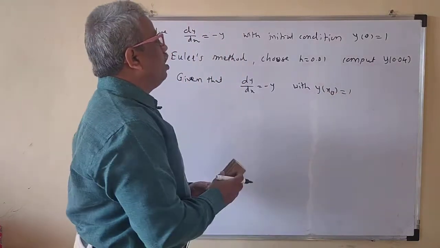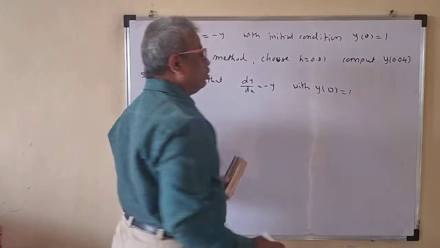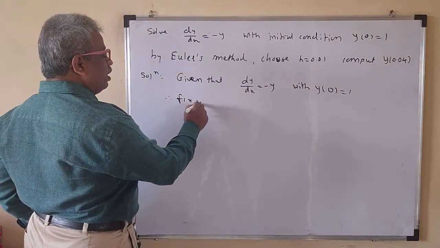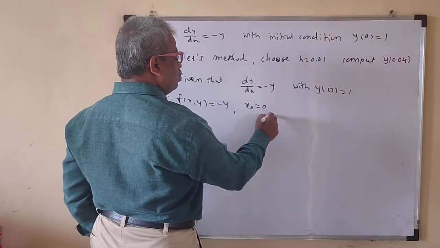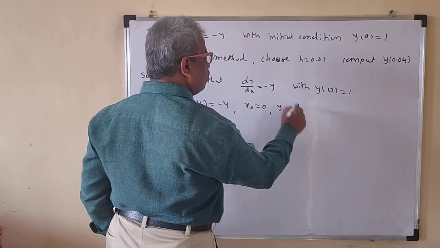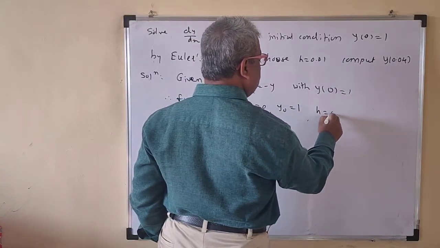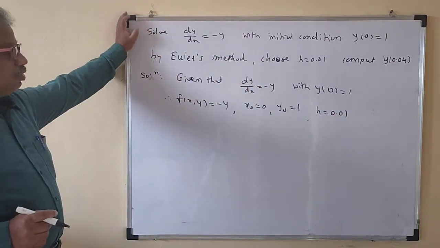So therefore we need f of x, y. x0 is equal to 0, y0 is equal to 1, and we have given h is equal to 0.01.